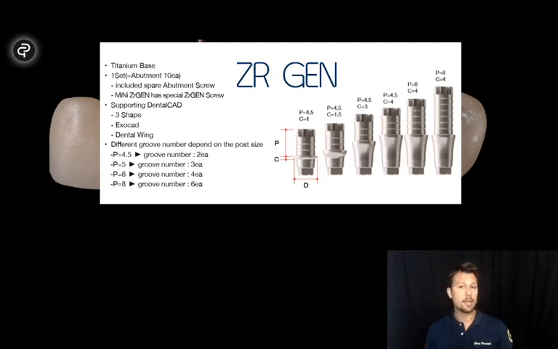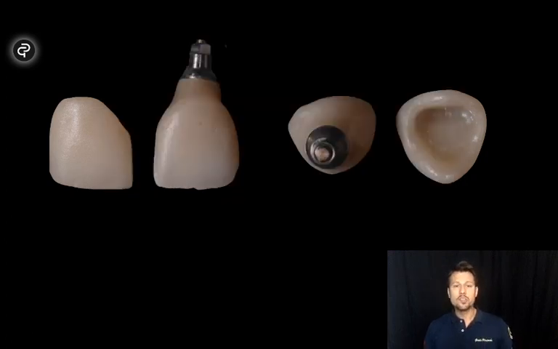We need 3 millimeters of cuff. So we do an easy calculation: 2 plus the millimeters we have subcrestal. And as you see, this Zirgen is linked in the lab and is already polished by the cement.